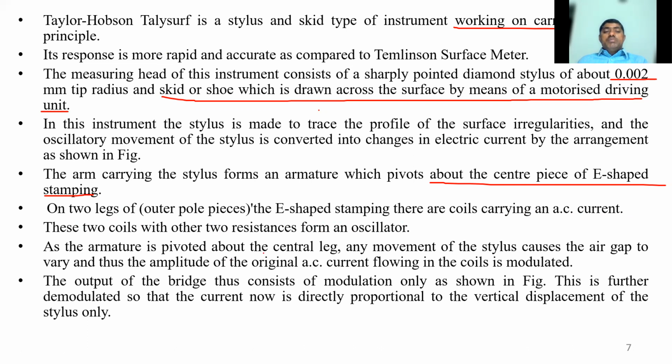As the armature is pivoted about the central leg, any movement of the stylus causes the air gap to vary, and thus the amplitude of the original AC current flowing in the coils is modulated. The output of the bridge thus consists of modulation only. This is further demodulated so that the current is directly proportional to the vertical displacement of the stylus.